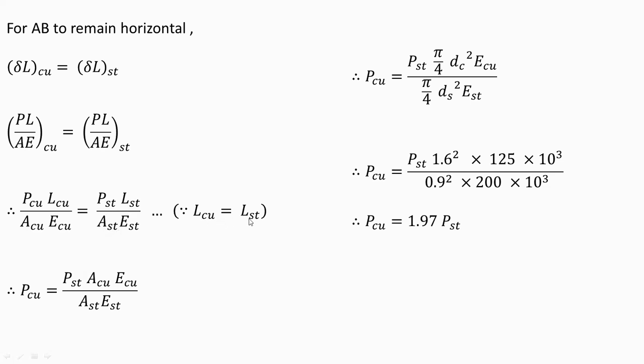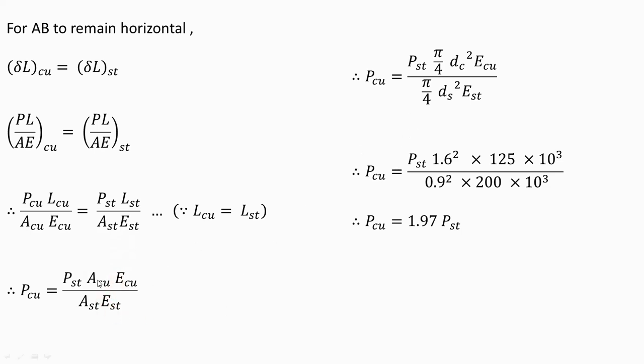Now length is the same, so that will get cancelled out from both sides, and PCU will be equal to, cross multiplying these two terms, this ACU ECU term gets cross multiplied to this PST, LCU and LST cancelled out, divided by AST into EST.